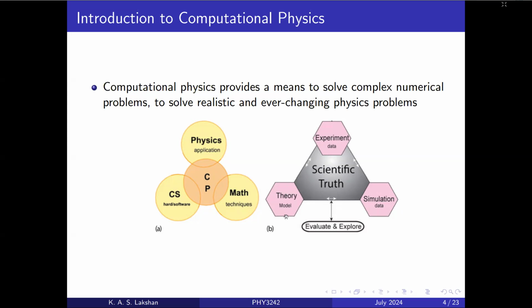Theory involves equations and concepts. Experiments are laboratory experiments. In a simulation, you develop a virtual environment that involves theory and experiments to gather data and get more insights about the experiment.